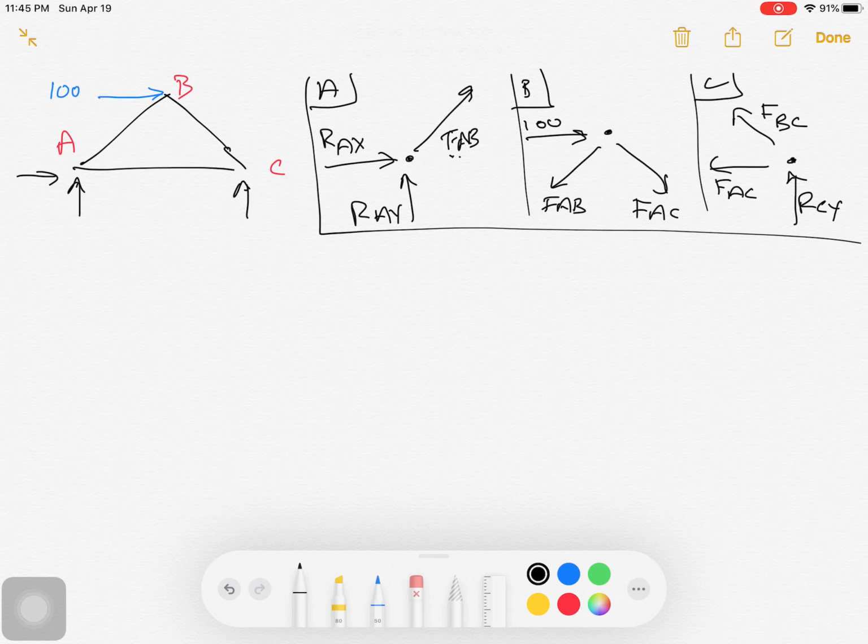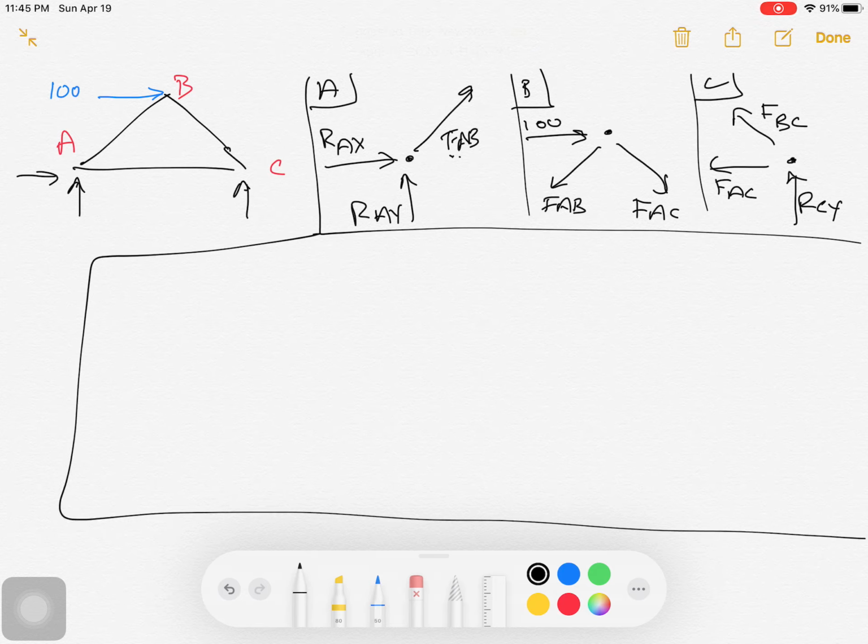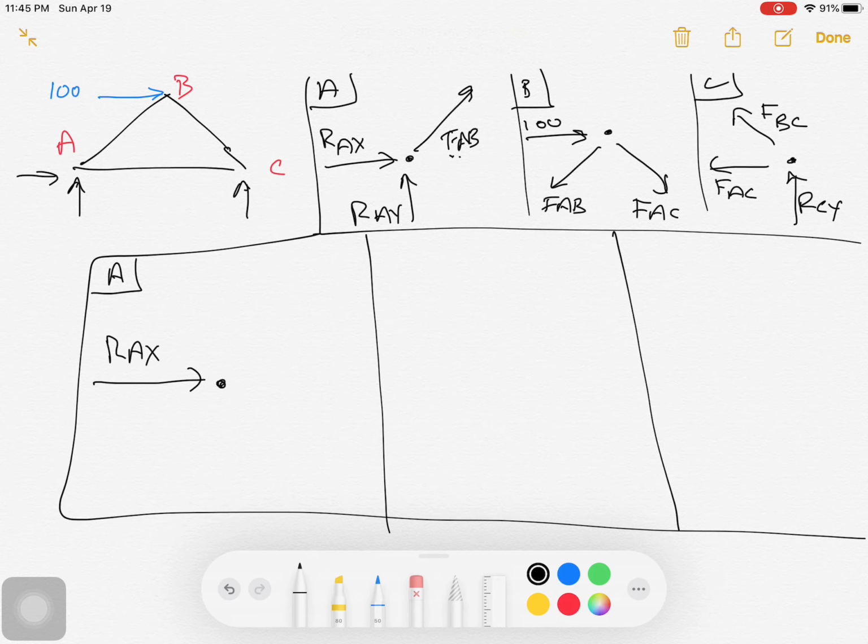So, our first step, we're going to draw free body diagrams. Then, we're going to redraw the free body diagrams with only X and Y directions. So, RAX doesn't change, RAY doesn't change, but force AB was a force up and to the right.